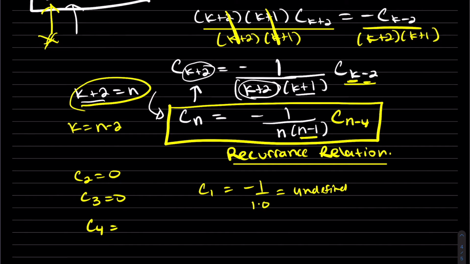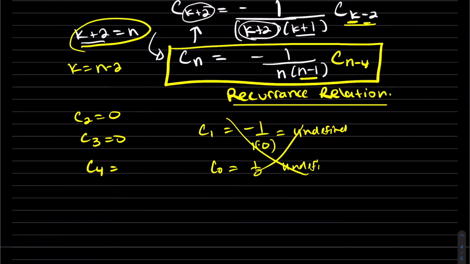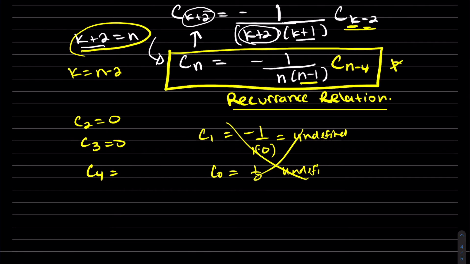And C0 is 1 over 0 times 2, which is undefined. So we didn't really have to find those. For C4, now we can use this recurrence relation formula.